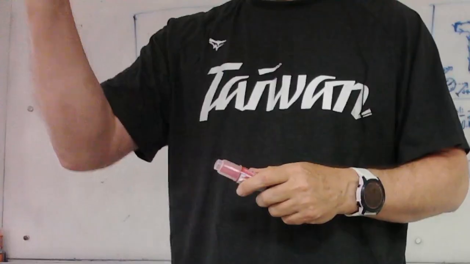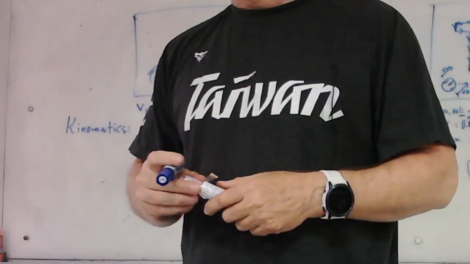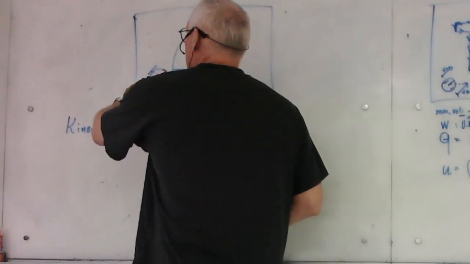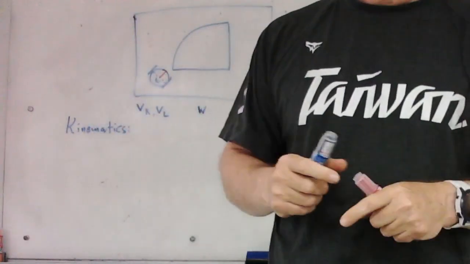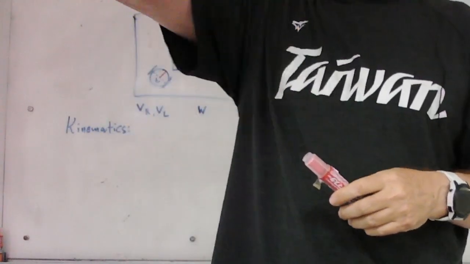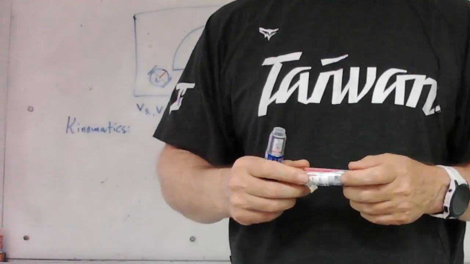It's not going to rotate. And if one of them is 0.5 meters per second and the other one is negative 0.5 meters per second, moving backwards, then the robot is going to stay on the same spot and spin around.